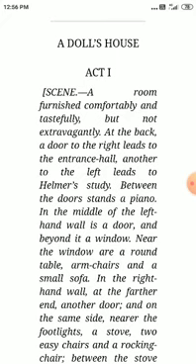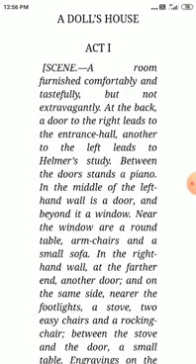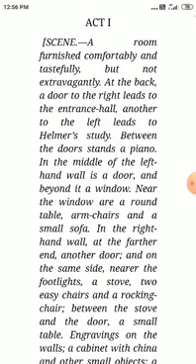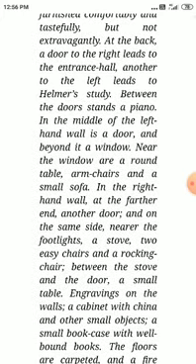Tastefully but not extravagantly. At the back, a door. To the right leads the entrance hall. Another to the left leads to Helmer's study. Between the doors stands a piano. In the middle of the left-hand wall is a door, and beyond it a window. Near the window are a round table, armchairs, and a small sofa.